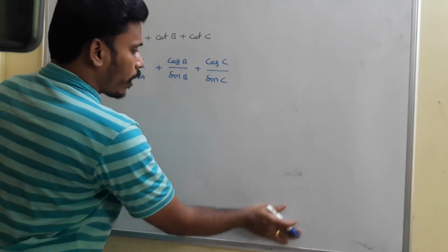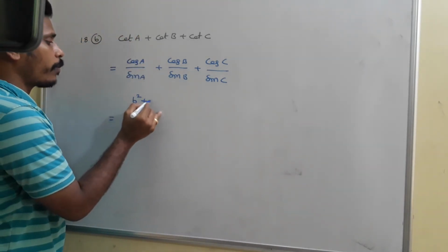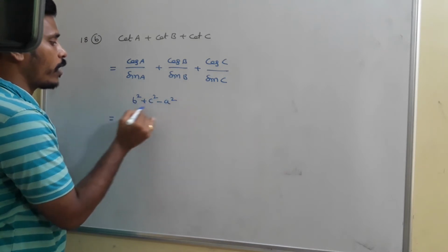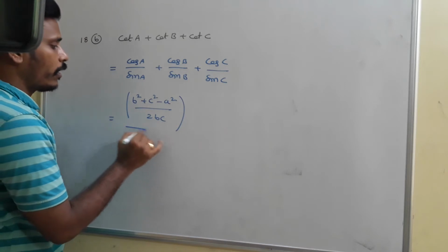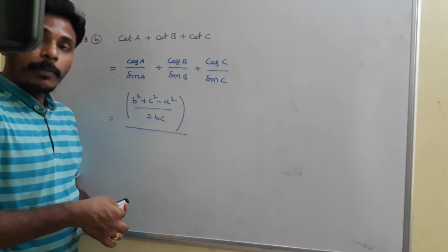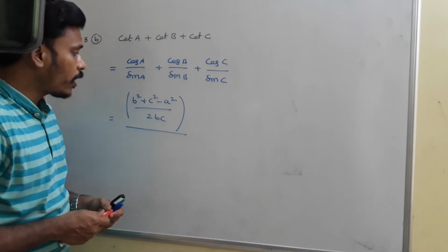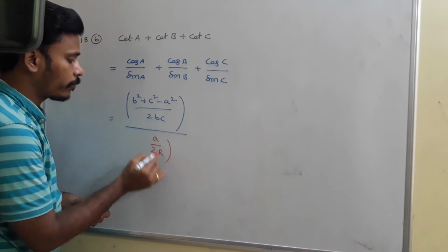What do you say about the cosine rule? Cos A means (b square plus c square minus a square) divided by 2bc. This is cos A, divided by, what do you say about the sine rule? a by sin A is equal to 2r. So sin A is equal to a by 2r.